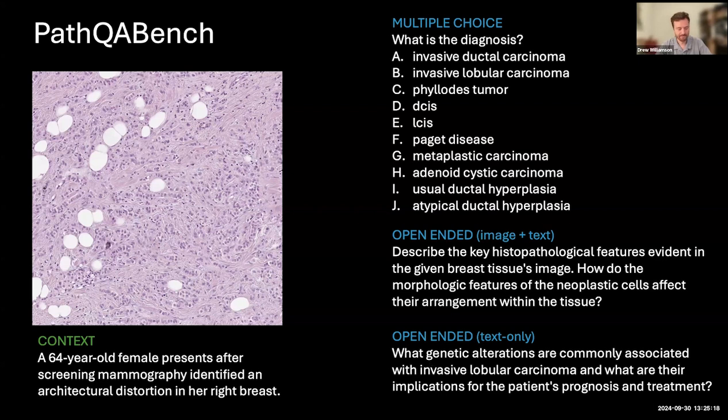A pathologist could, in theory, ask a multiple choice question, like: here's an image, is this ductal carcinoma or lobular carcinoma of the breast? But more often, when I think about myself as a pathologist, I'd ask some open-ended question, like describe this image, or what treatments would you recommend based on this image.